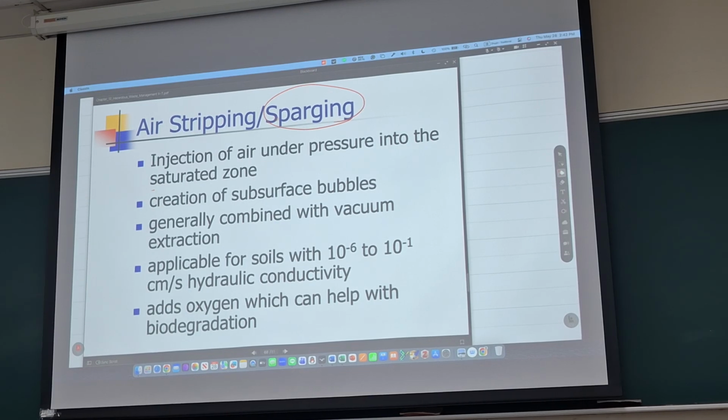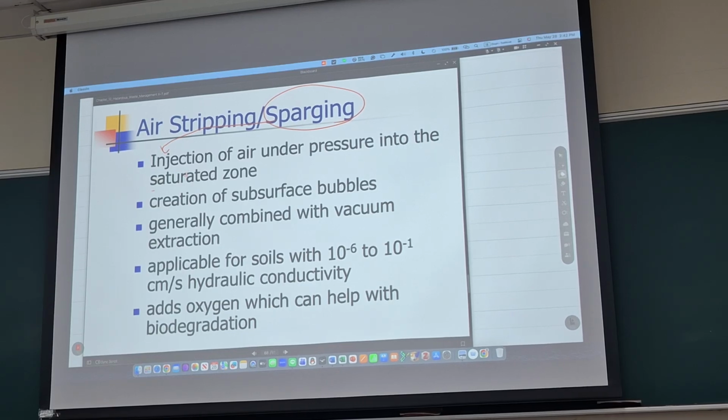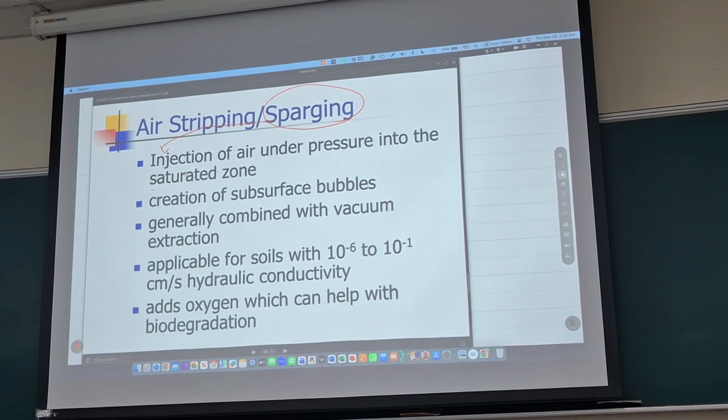Okay, so this is the definition of sparging.